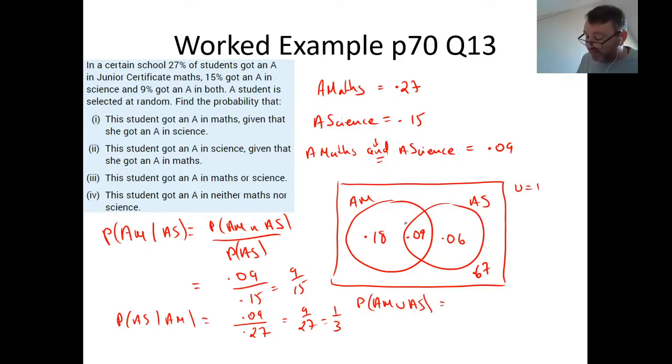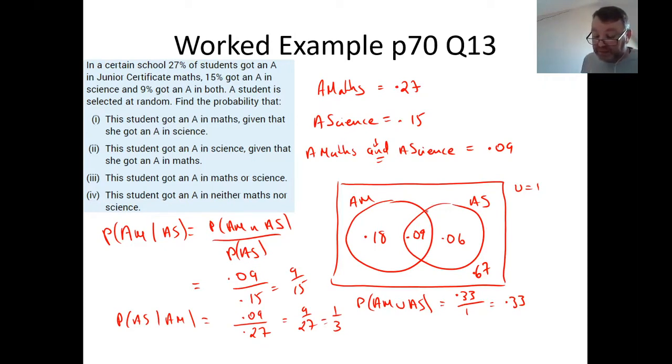Everything in there is the union. So you've got 0.18 plus 0.09 plus 0.06, which is 0.33 over 1, which is 0.33. That's it. Just add them together. Add the 3 boxes there because that's A in maths union A in science.